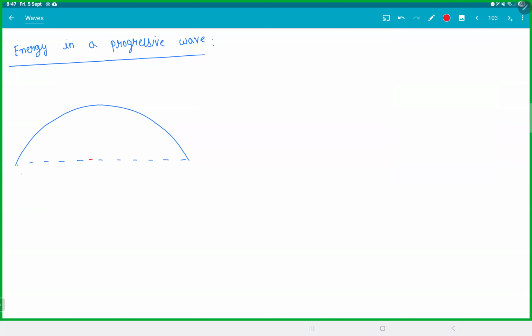You'll observe if you take a small segment dx at the antinode, the length will be always same. Check it out. At any point of time, the slope is always 0. That means the antinode never gets stretched. So potential energy of dx is 0. Kinetic energy of dx is also 0 because it's at the extreme position.